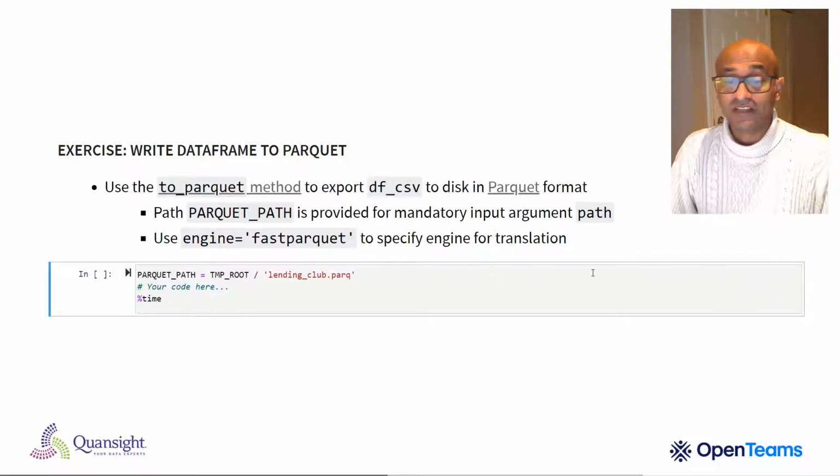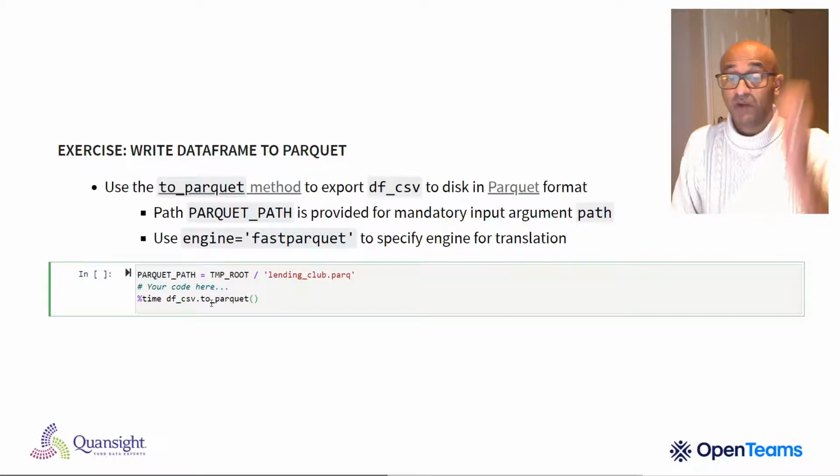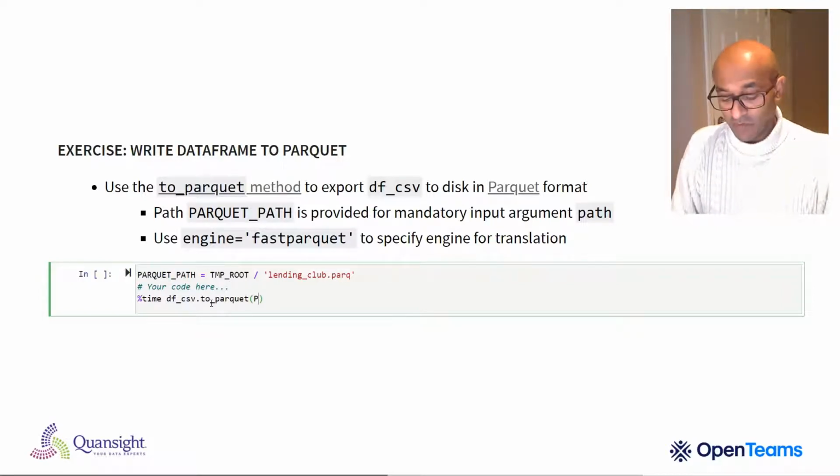So as an example, we still have this df_csv in memory as a Dask object. Let's take that CSV data frame object and export it to Parquet. There is a Pandas and Dask method associated with data frames called to_parquet. We've created an object in memory called parquet_path, which is just a pathlib object.